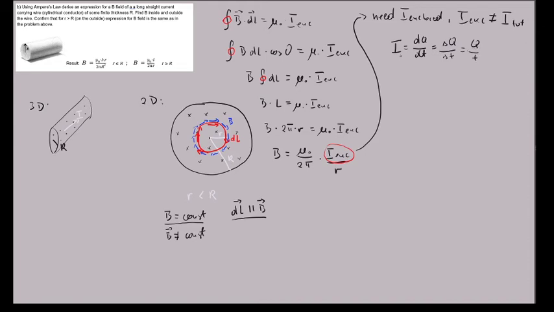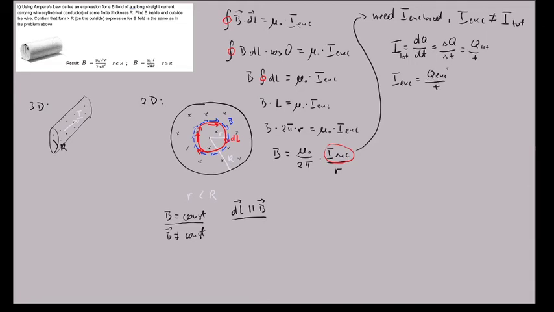If this is the total current, then this has to be the total charge. But if I want to use the enclosed current, then that would be Q enclosed over the time instead. And so this is the equation I'm going to move forward with.